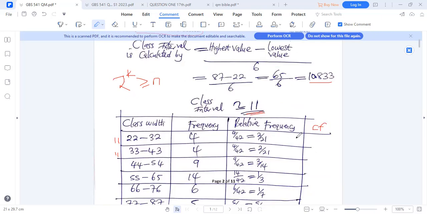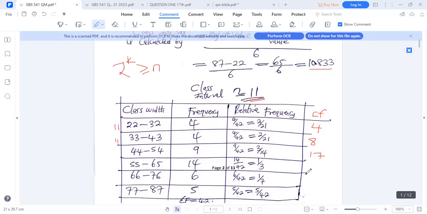CF. You see the 4 there, then we have 8 there, 17. We add 17 to that one, what do we get? 17 plus 14, that's 31, 31 plus that one, we have what? 42, which tallies.